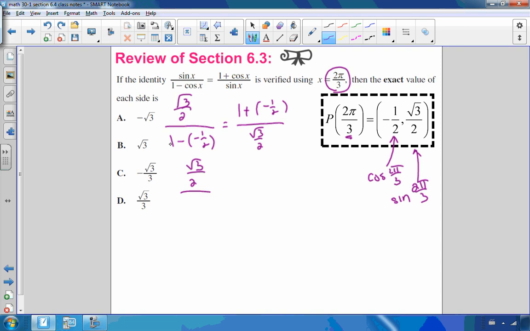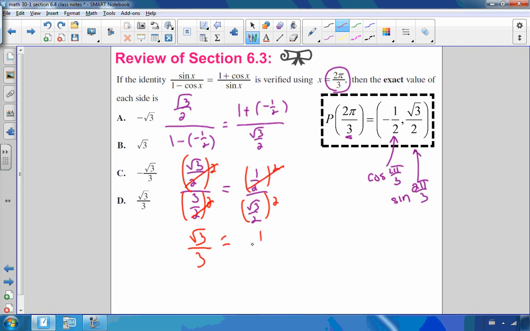So root 3 over 2, over 1 plus 1 half, which is 3 halves. And 1 plus negative a half is a half. Okay, so to get rid of all these divide by 2's, I will multiply the numerator and the denominator by 2, because 2 over 2 is just 1. And I'm left with root 3 over 3 equals 2 times 1 over root 3.